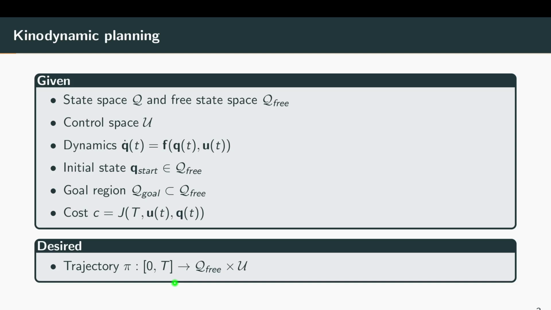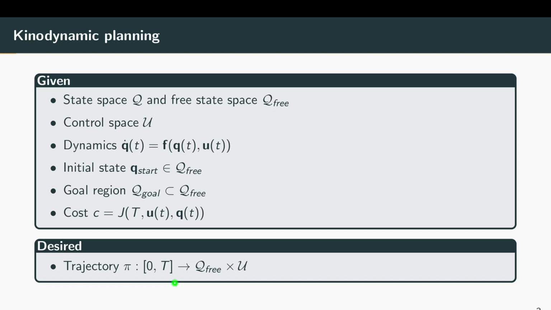And so in kinodynamic planning, we had the following formulation. We still have a state space and a free state space. Sometimes we also said we had a workspace and a mapping function that tells us how to map from the states into the workspace, and then if we have obstacles in the workspace, we can check collisions there.